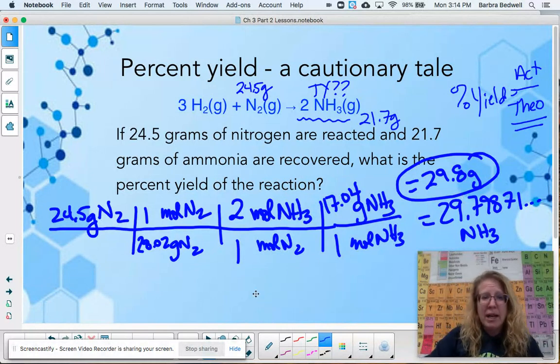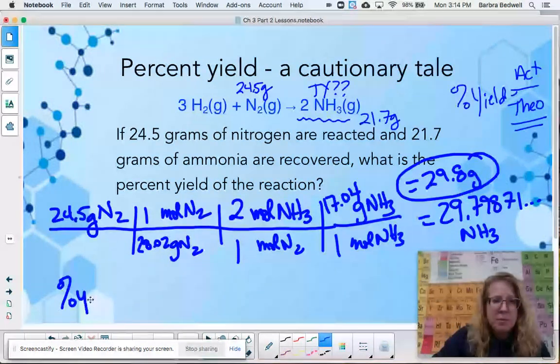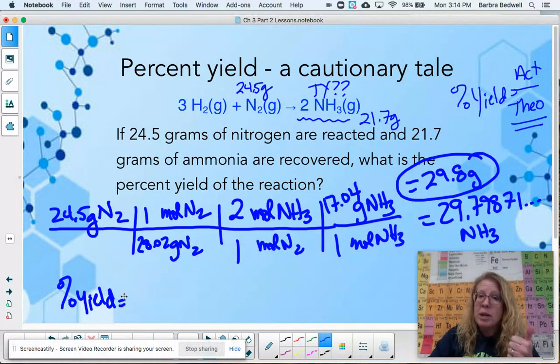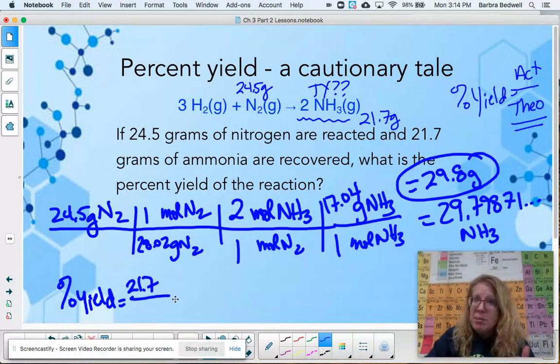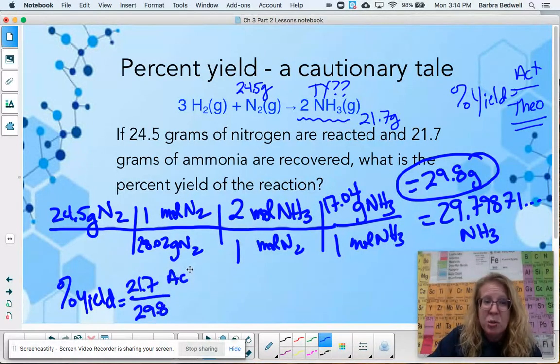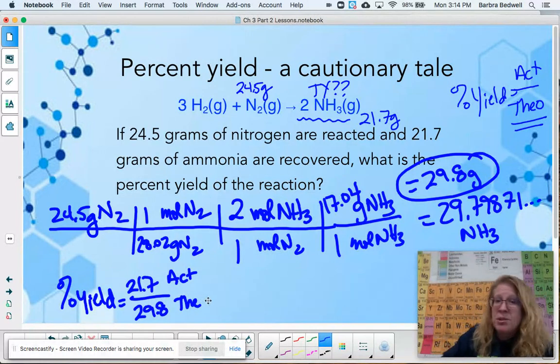Now we can go back and do our percent yield. So our percent yield is actual. What did we really recover? We recovered 21.7 grams, divided by our theoretical yield, which is 29.8 grams. This is actual, this is theoretical. On paper, we should have gotten almost 30 grams.